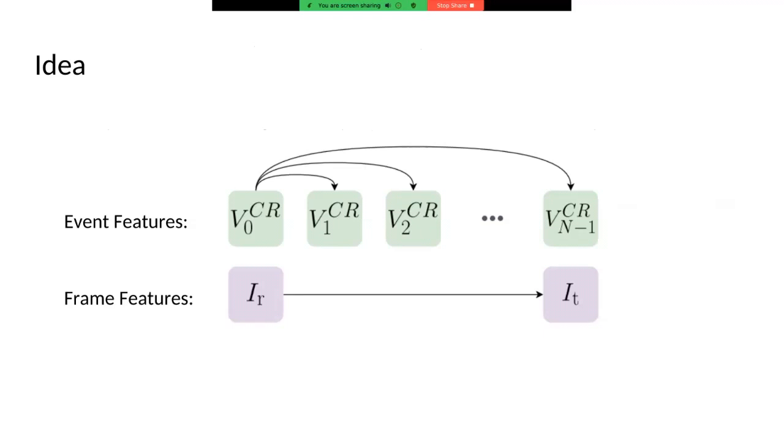So these are a fixed number of features, in this case n. And we have features that we extract from the 2 frames, so the reference and target frame. And finally we predict the optical flow from the reference timestamp onwards in time. Because in optical flow, you always have to choose a reference frame or a reference timestamp.